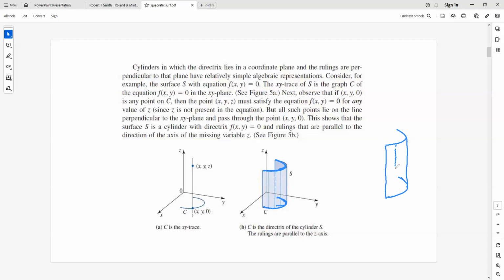Okay, so it's like this, right? So this is like a curved paper, right? So it's a surface like this. Okay, now see one more example.